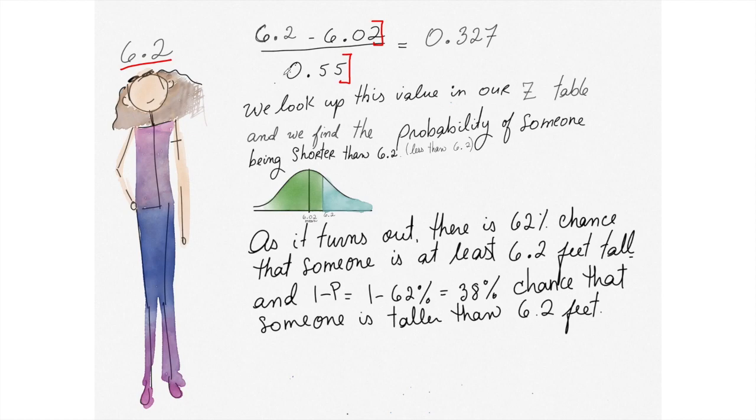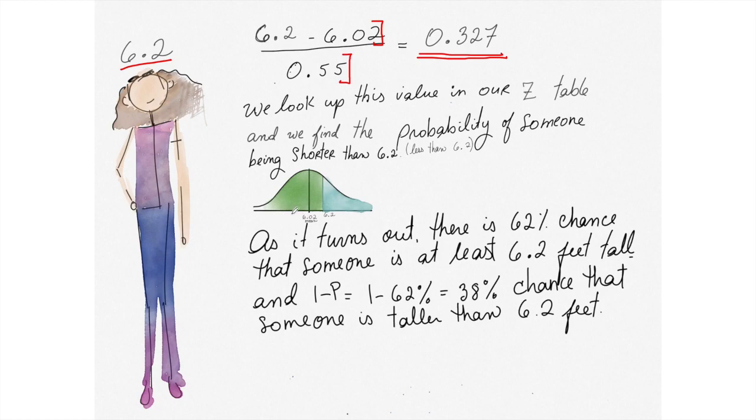The operation we did earlier was for the population standard deviation, just so we can talk about the two different concepts. But here we're looking at the sample standard deviation. We solve for this and get this value, which by itself may seem like it doesn't mean much, but when we look it up in the Z-table, we can find the probability of someone being shorter than 6.2.